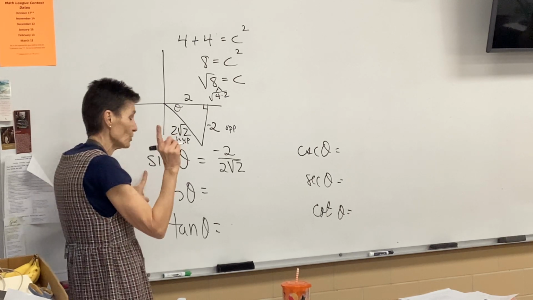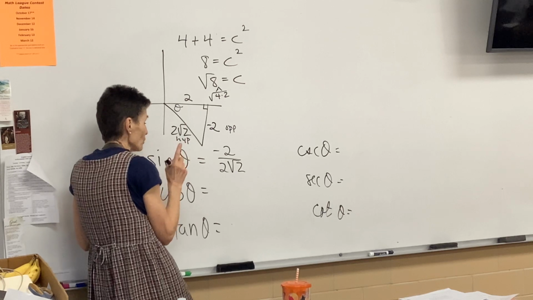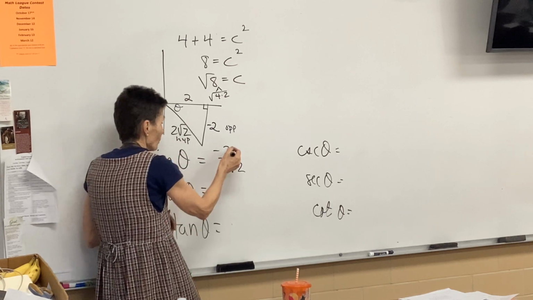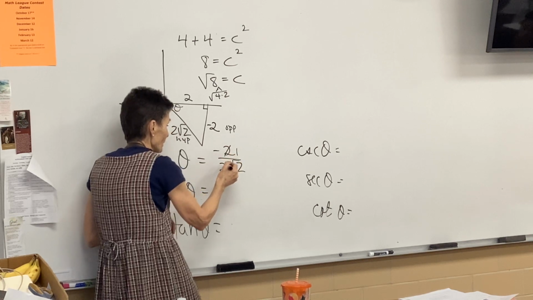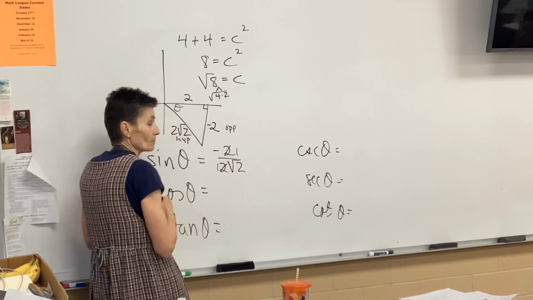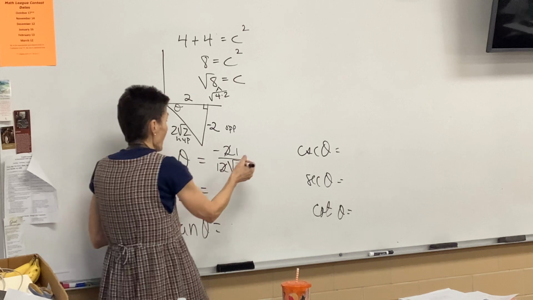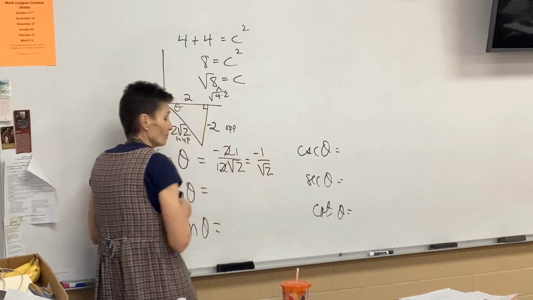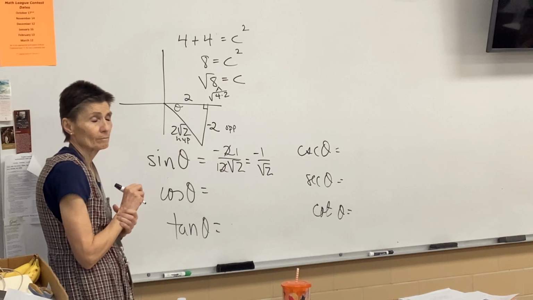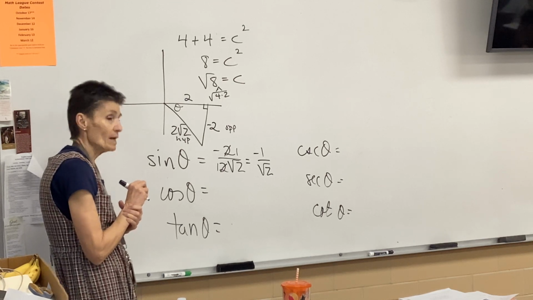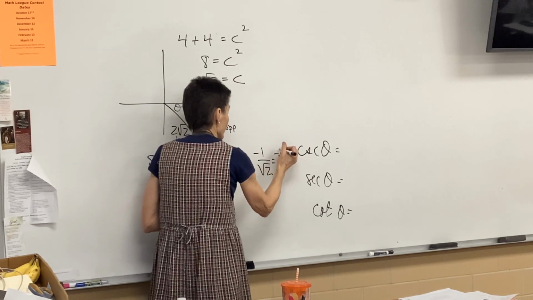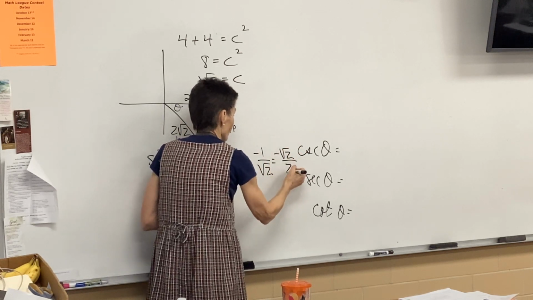Now, you don't have to do this, but if I were you, this is the order that I would simplify that in. I would go ahead and cancel these 2's. So now I have -1 over root 2. And then I can rationalize that: -1 root 2 over 2.